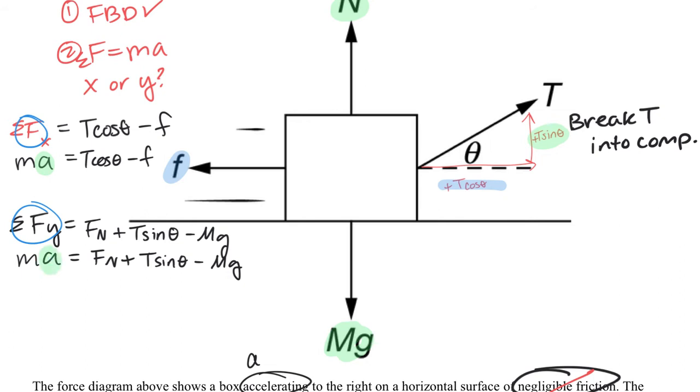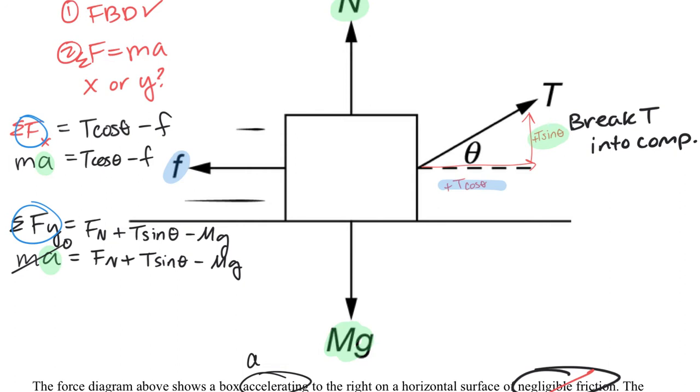But in the y direction, I know that my acceleration is going to be 0. Why is it going to be 0? The box never moves up or down, so I can safely assume that acceleration is going to be 0.